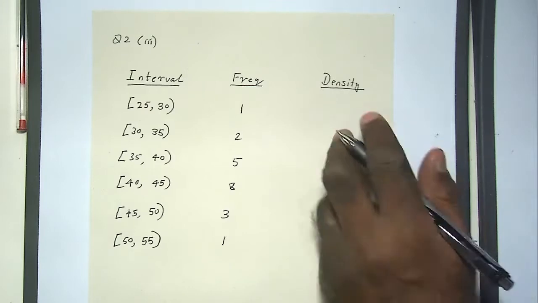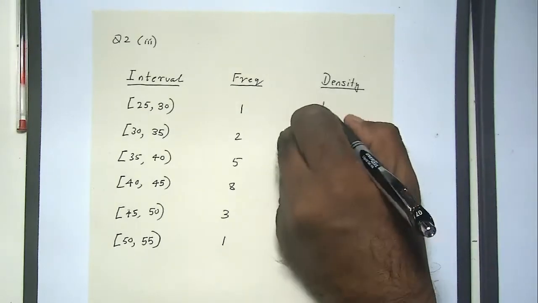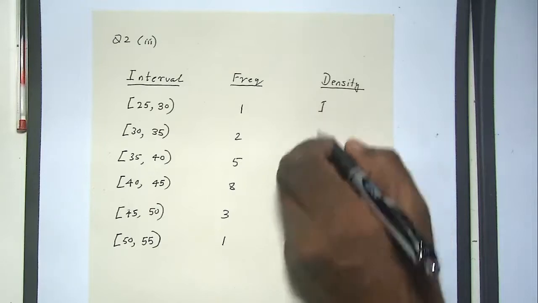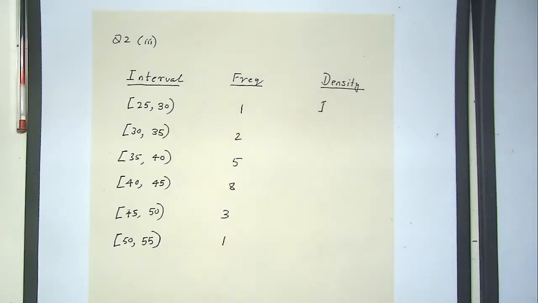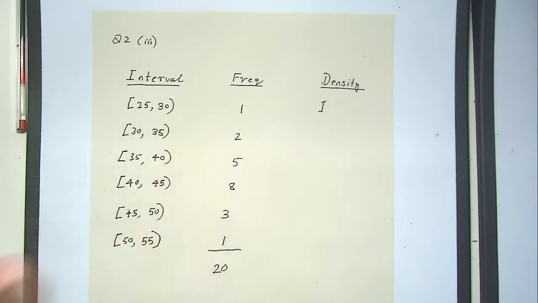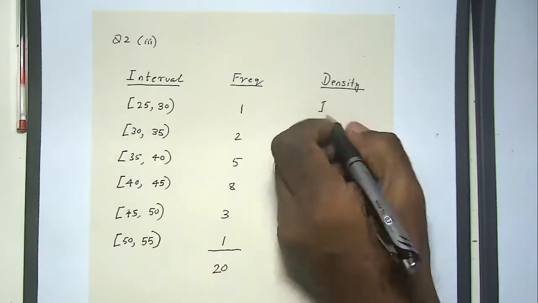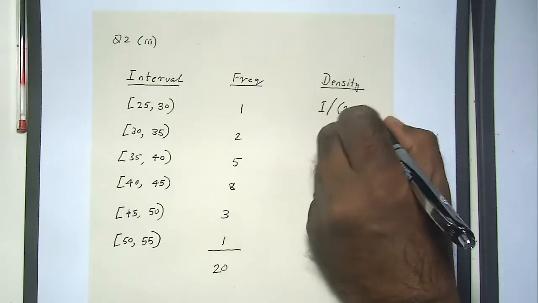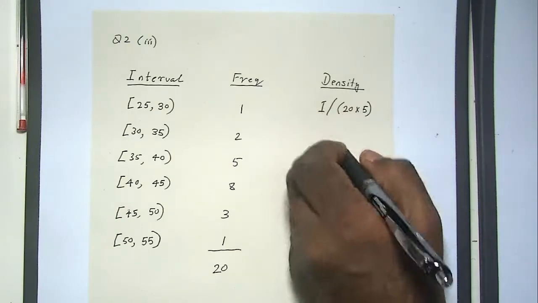And the density, to find the density, what you do is you divide each of these by the total number of data points, which is 20, yeah. But also divide by the length of each interval. The length of each interval is 5. Alright, so you have to divide by 20 times 5.